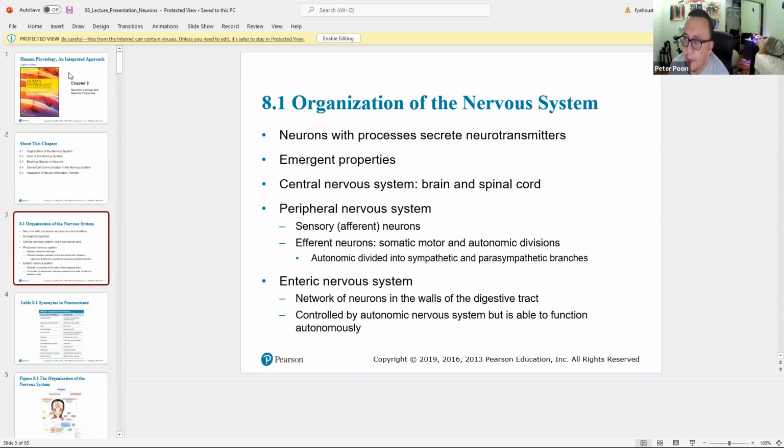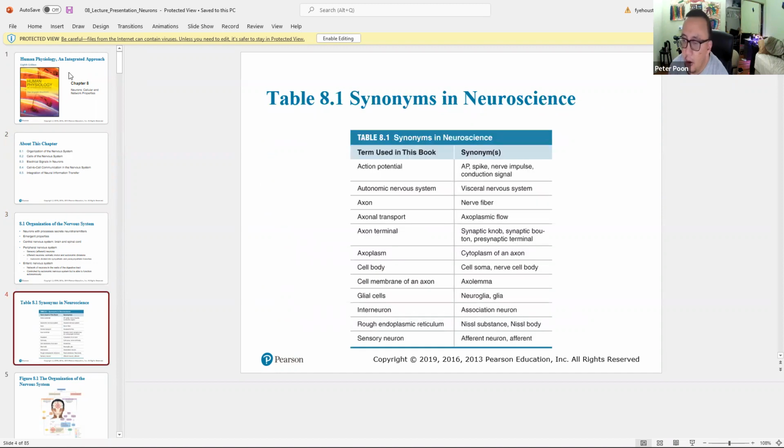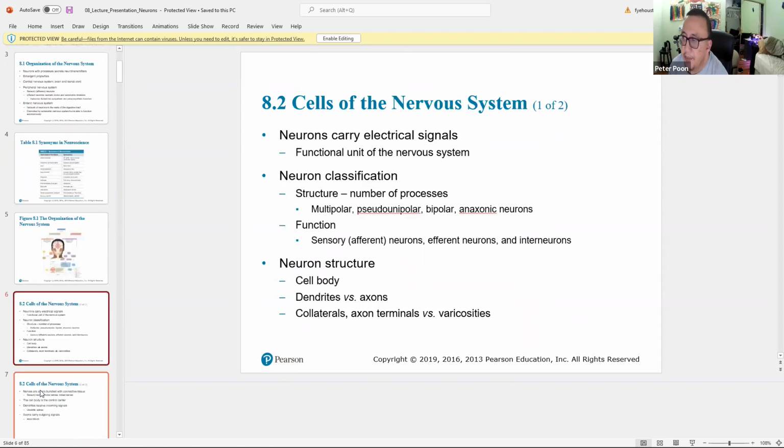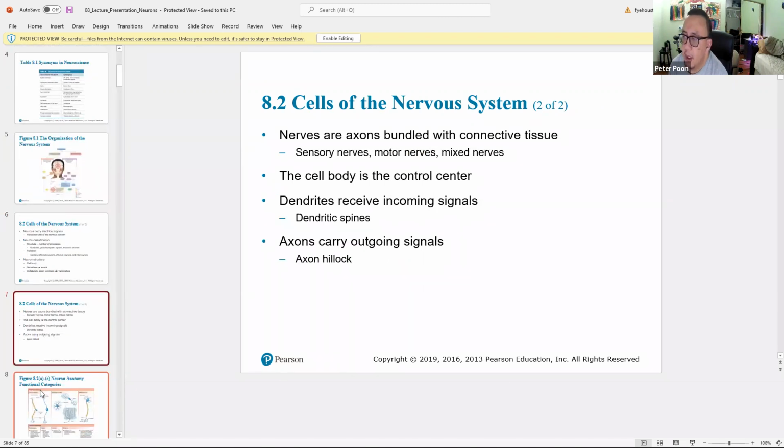So the first part, the organization of the nervous system, you should really already know. So I'm going to skip ahead. Make sure you're aware of what all these things actually mean, because I'm going to use these terms a lot in the next couple of chapters. Neuron structure, you should already know that.